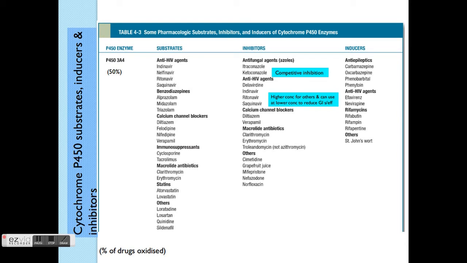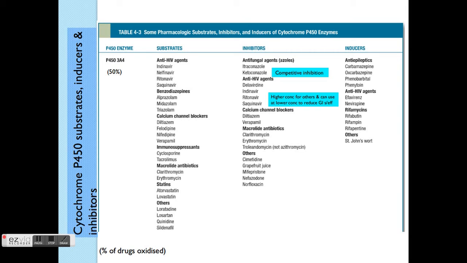However, due to its inhibitory effect on the metabolizing enzyme, it can cause a higher concentration of these drugs in the plasma. So you can give a lower dose to reduce the side effects, but it can accumulate and reach a high enough concentration in the plasma.